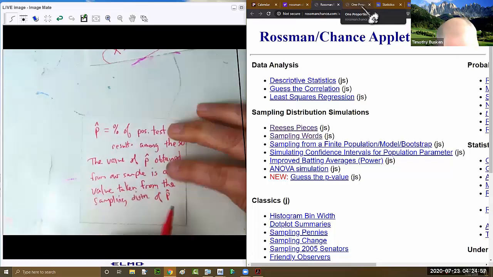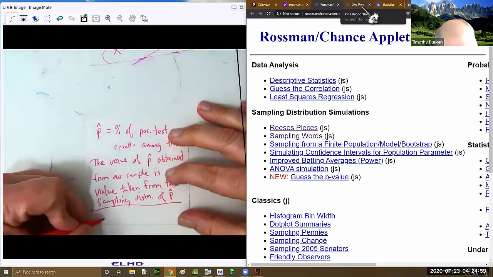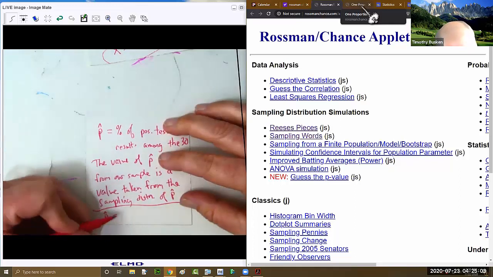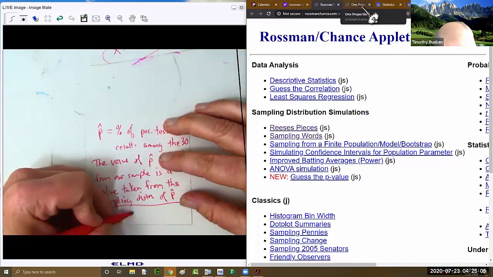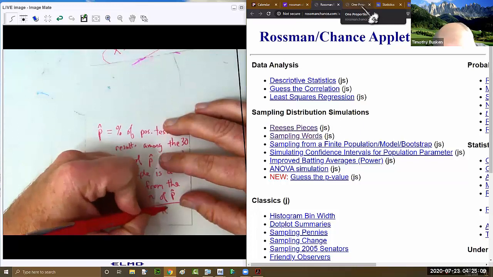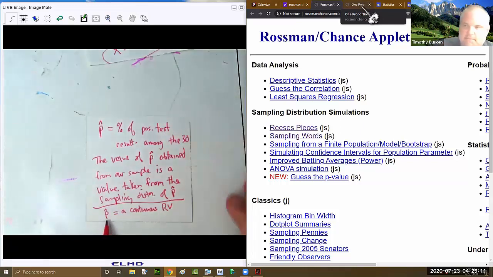And like I was saying before, moreover, p hat is a continuous random variable, because the values of p hat can be any number in a connected set.